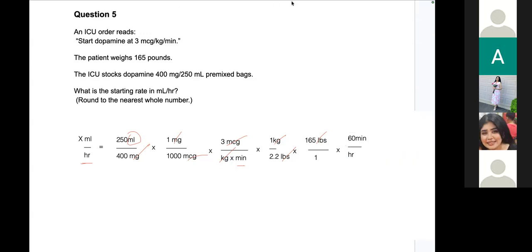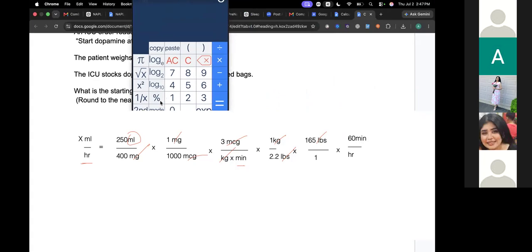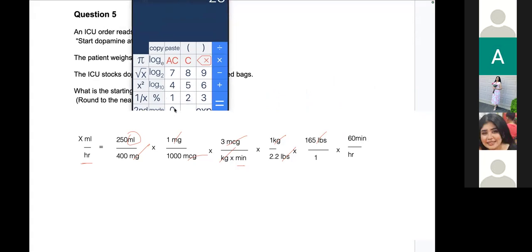I think I'm sharing my whole screen, so you'd be able to see what I put in the calculator. 250, everything on the top, I multiply, and everything on the bottom, I put a divide sign between.